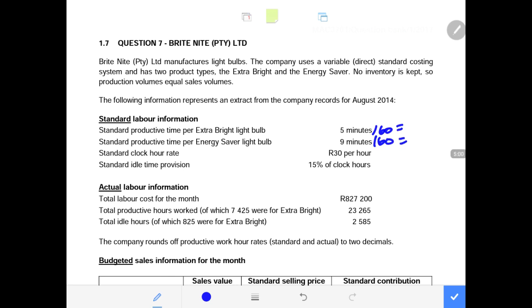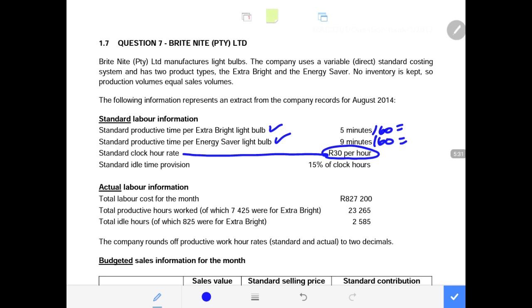And we get our time converted into hours, but you can still operate with the number of minutes, as long as everything is converted into minutes. Hence, it is preferable to convert your time into hours. Then we are given the standard clock hours rate, which is 30 rand per hour, meaning employees are paid 30 rand per hour. Even if they are doing the extra bulb or the energy saver, they are paid the same amount.